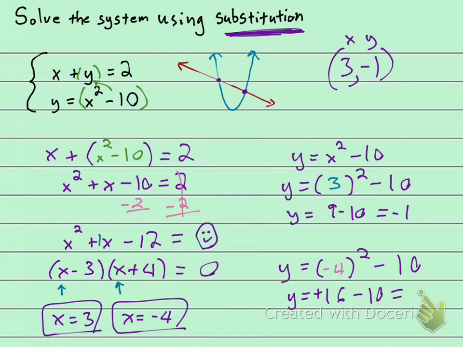And then 16 minus 10 is 6. So when x is negative 4, y is 6. That's my x comes first, my y comes second. And these are my two solutions to this system of equations.